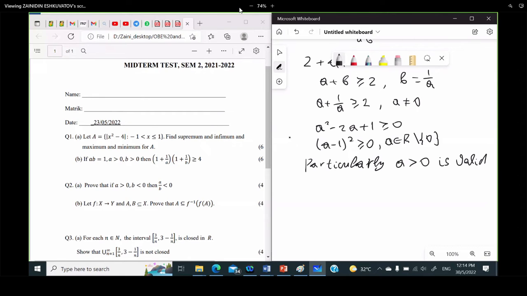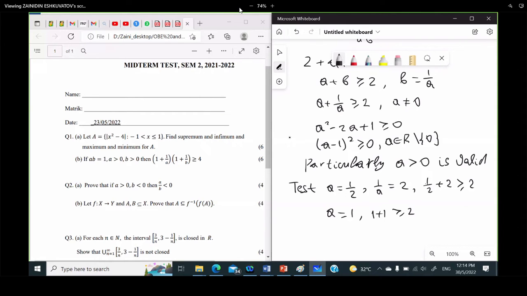Whatever value you give on this interval, for example, you can check for the test. So A equal to 1 over 2. In that case, 1 over A will be 2. So A is 1 over 2 plus 2, which is always greater than 2. Equal to 1, even A equal to 1, so 1 plus 1 is equal to 2.